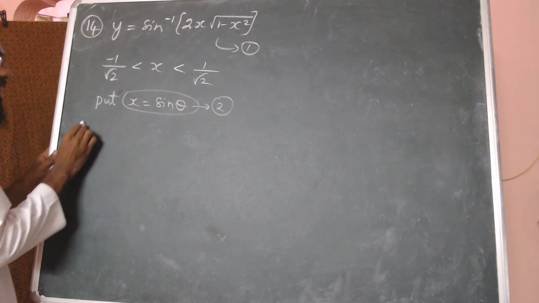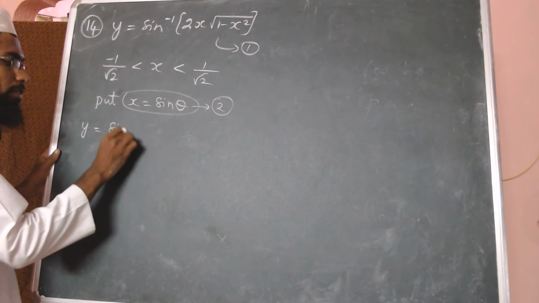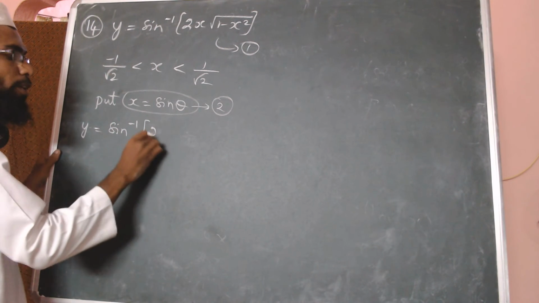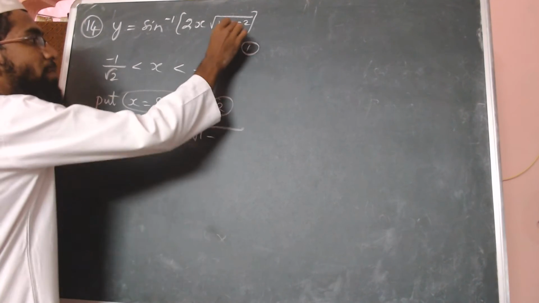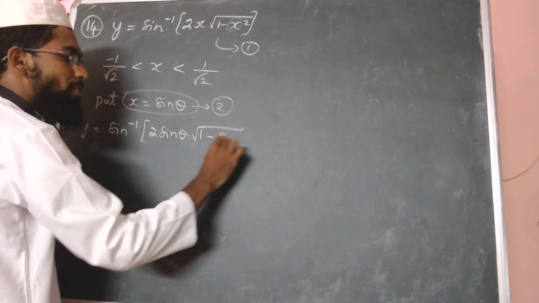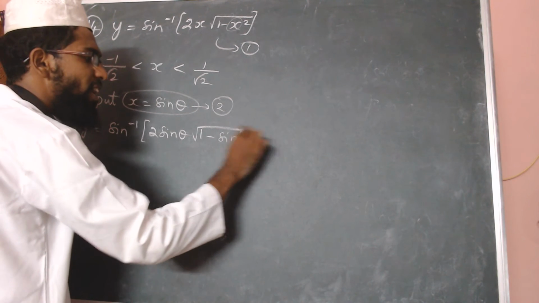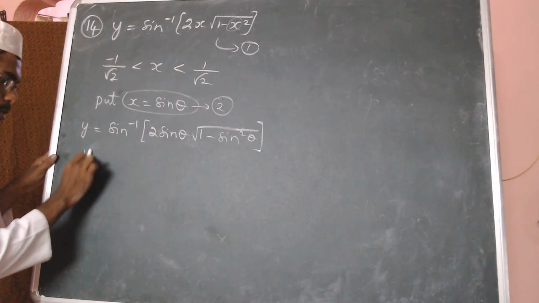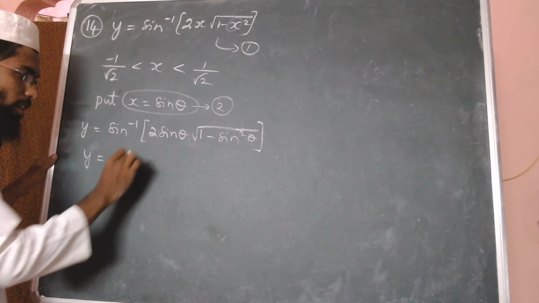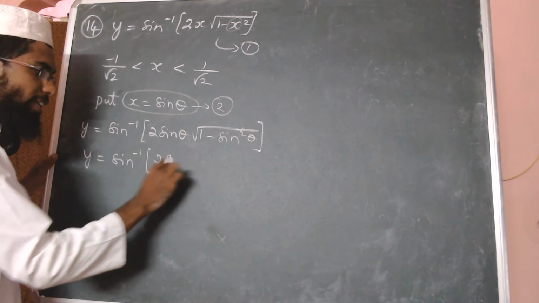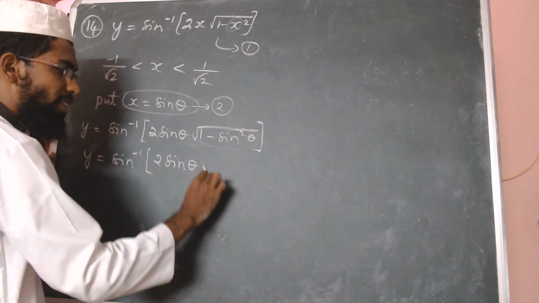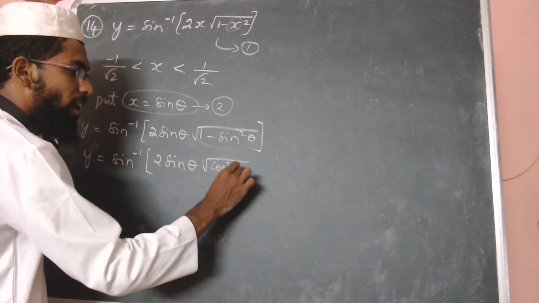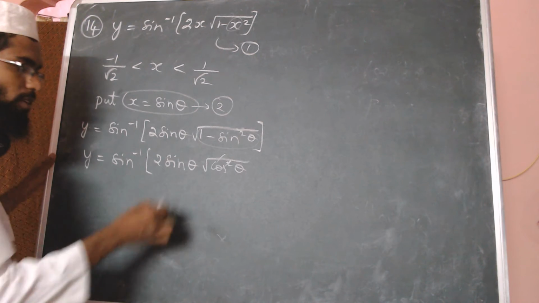Now if I substitute this here, I'll get y equal to sine inverse of 2 into sine theta root of 1 minus, in the place of x, if I put sine theta, it will become sine square theta, right? So y equal to sine inverse of 2 sine theta, 1 minus sine square is nothing but cos square theta. So root and square get cancelled.